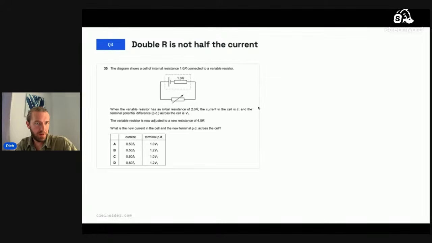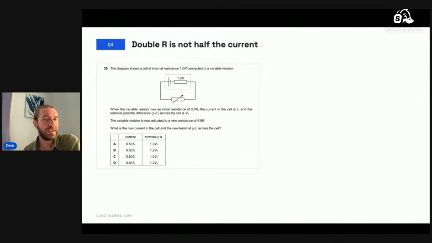The reason that would be wrong is because it, of course, isn't going to exactly halve the current, because that doesn't take into account all of the resistance. The total resistance initially is 1 plus 2, so 3R, them being in series. Afterwards, you've got 1 plus 4, so it's 5R. So it went from 3R to 5R.